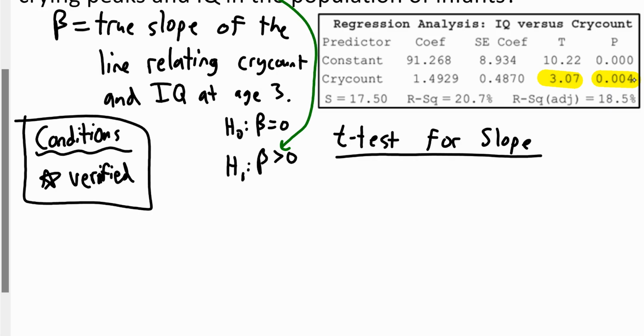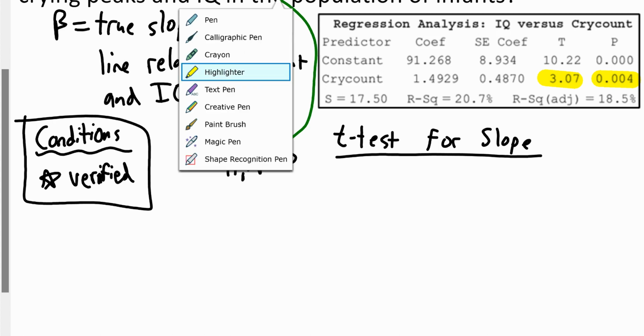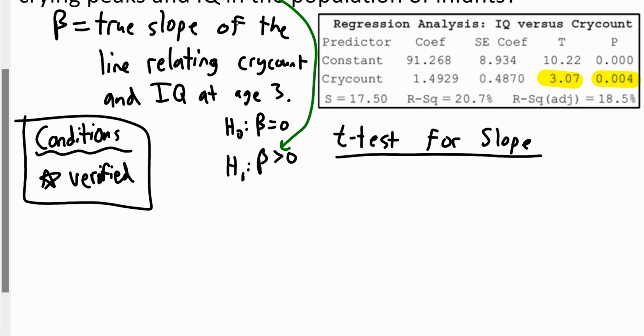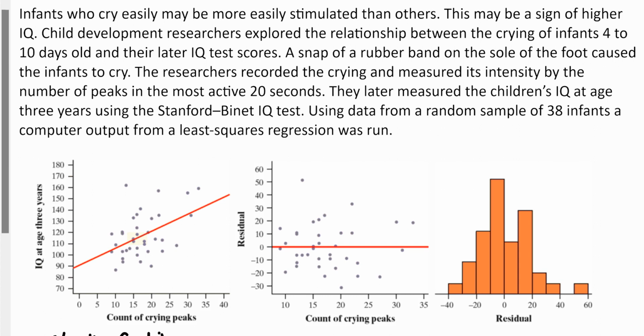We're working with a one-sided test. It doesn't give us our degrees of freedom, but we can figure that out based off of the number of data points we had. Okay, so I want to go back. There were 38 infants.